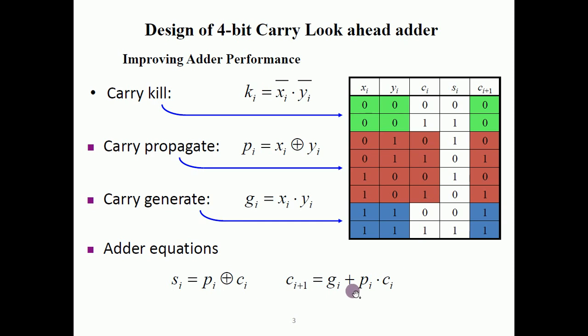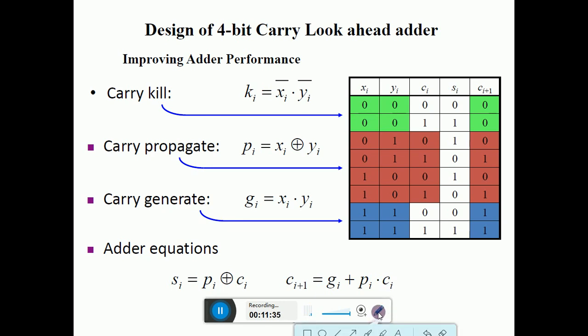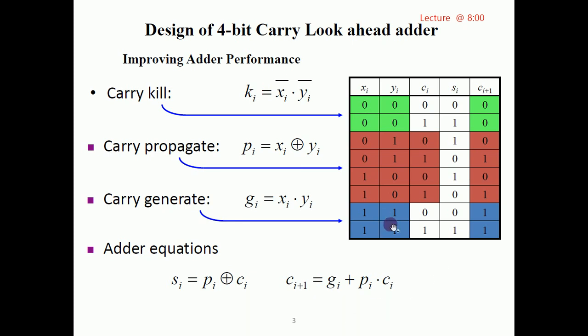And I just have a request: please refer to lecture number 6 at 8 minutes 0 seconds. The code is already explained there. You have a code written for the carry lookahead adder. Please refer to it, and then you can go ahead with the next explanations.